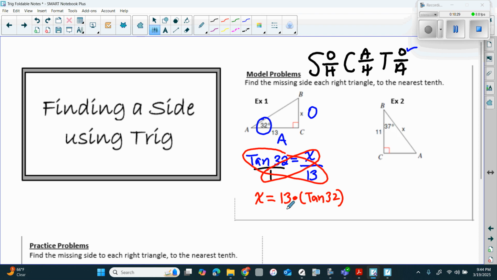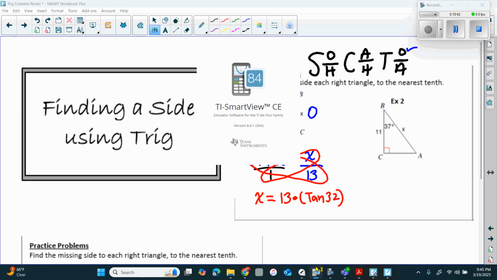Now, there's a key component you have to do to make sure you can do this in the calculator. The thing that you have to recognize first, and I will constantly remind you of this, is that your calculator is in the correct mode. We are looking at angle measurements that are degrees, so we need to make sure our calculator is in that mode.